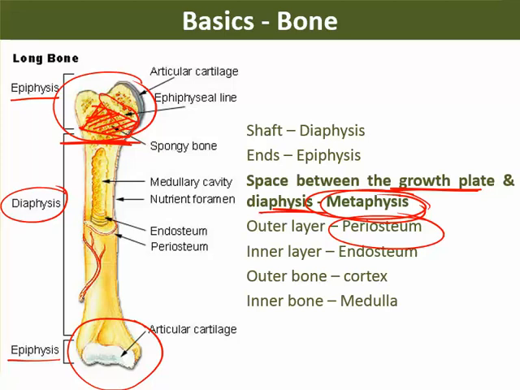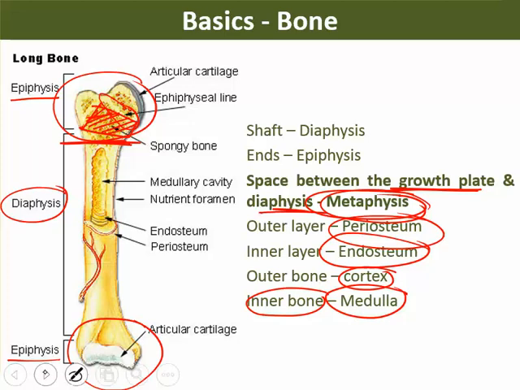A very important layer, because the blood supply comes through it. The inner layer is called endosteum. The outer part of the bone is compact bone, called cortex. The inner part is spongy bone, called medulla. You must know these from anatomy. I am telling you as a revision so that you can understand osteomyelitis.